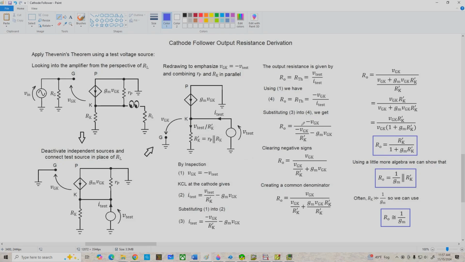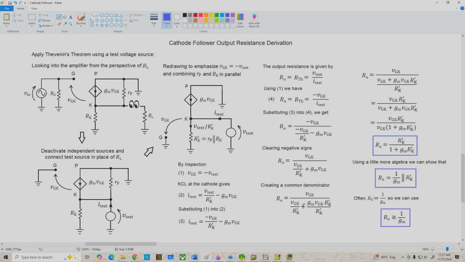Now, to make it a little prettier, I'm just going to cancel out the negative signs, and that gives us this version. Now, we can put the two terms in the denominator over their own common denominator by multiplying the right-hand term by r prime k over r prime k, and that gives us this equation.